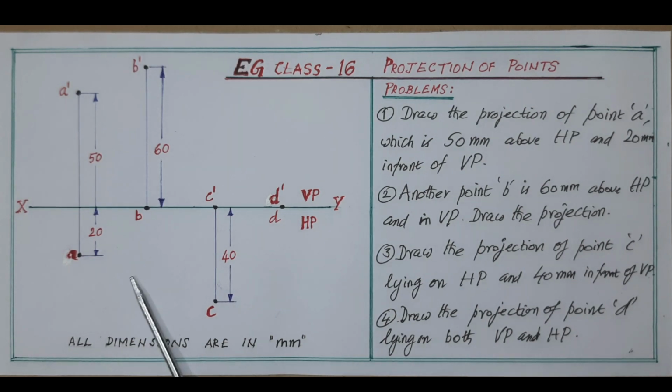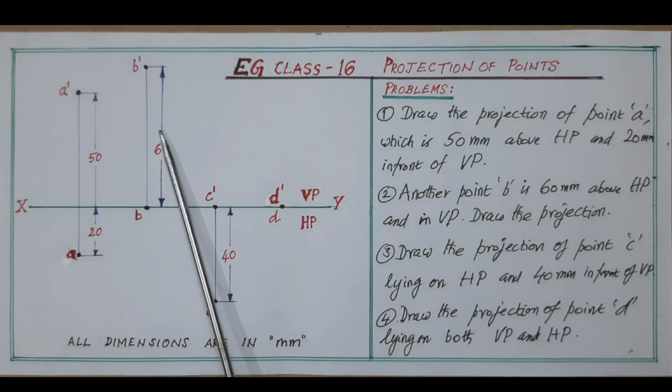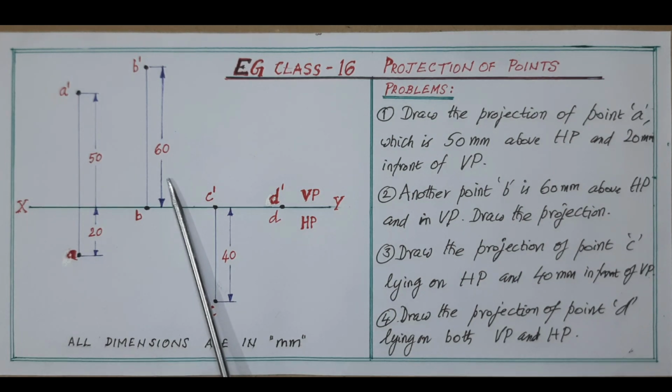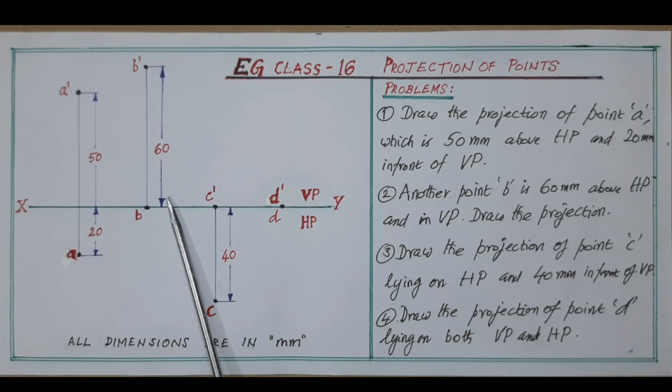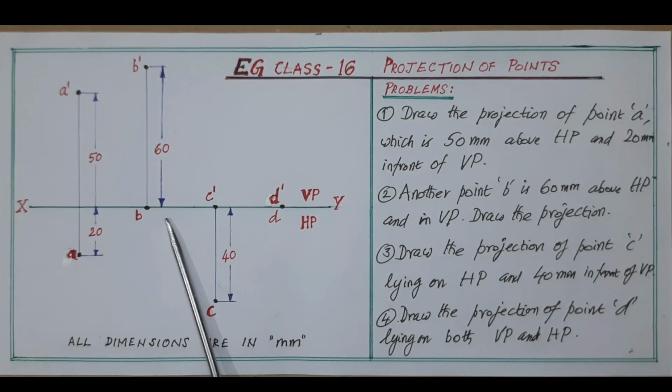Similarly, as per this problem, point B is 60 millimeter above horizontal plane, that is above XY line when viewed from front, and also its another image is on the vertical plane, that is VP on XY line as given when viewed as per the details that are given in the problem, and this is given now in this second one. Now mark the dimensions.